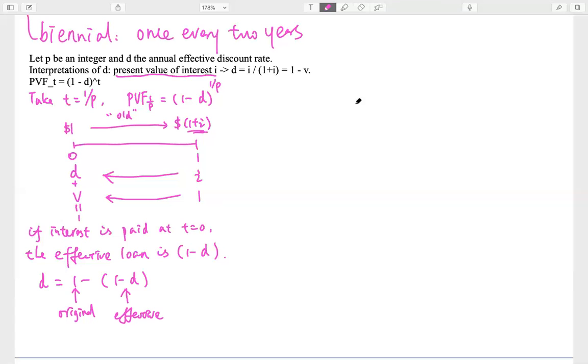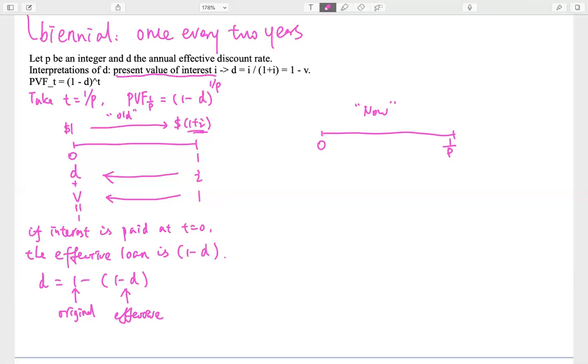Now let's do everything the same, but not for 1 year. It's for 1 over p year. Pretty much things are similar, right?